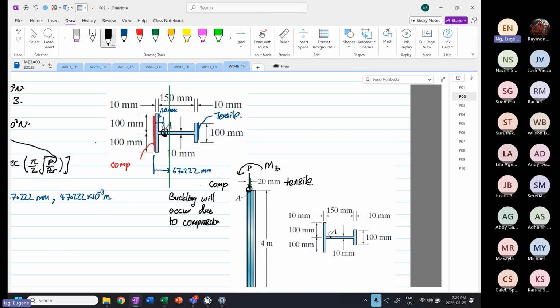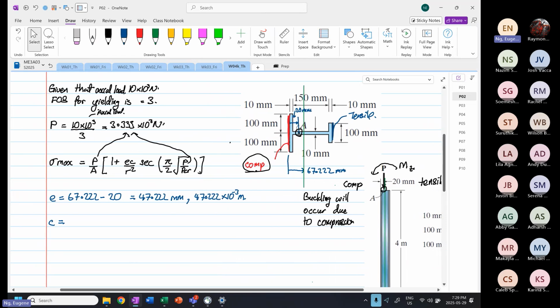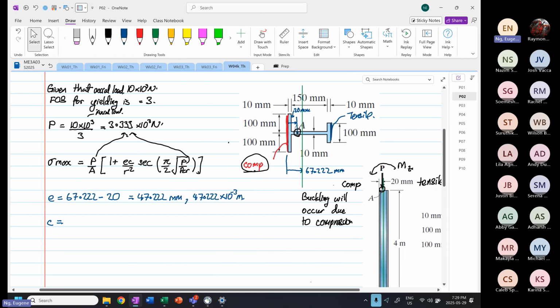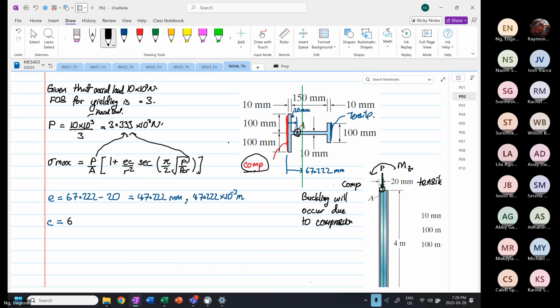So the buckling will focus on the compression. So when that's the case, the C is equal to 67.222 times 10 to the power minus 3 meters, due to compressive stress.